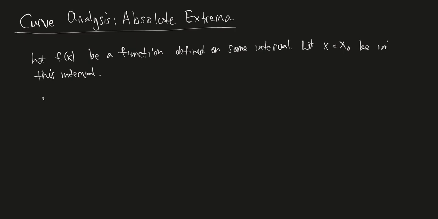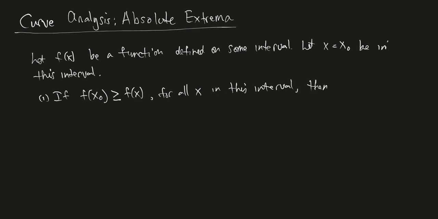Well, if f of x0 is greater than or equal to f of x for all x values in this interval, right? So for all x in this interval, then this f of x0 is said to be the absolute maximum of f of x on this interval.